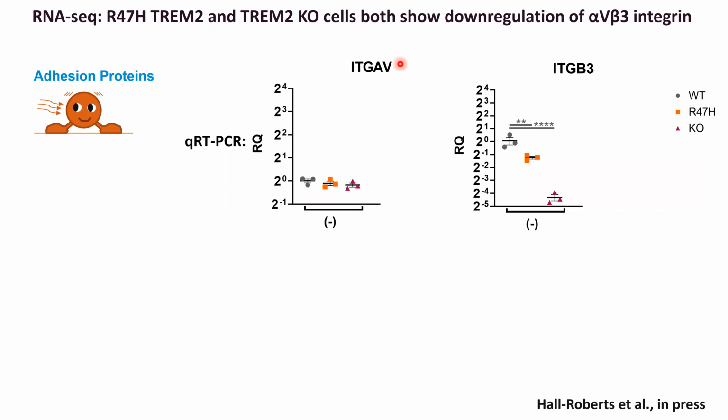We were able to dig out some leads from the transcriptomics to follow up, and integrins seem to be a group of proteins that were particularly down-regulated in the R47H and TREM2 knockout cells. And so here's a validation by qPCR of integrin beta 3, which is down-regulated in the knockout and also the R47H.